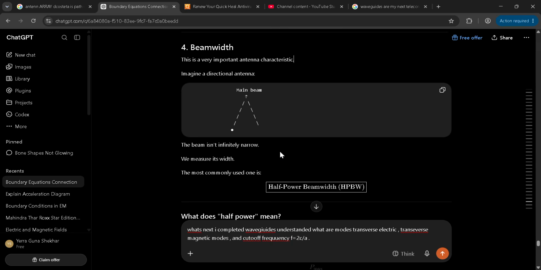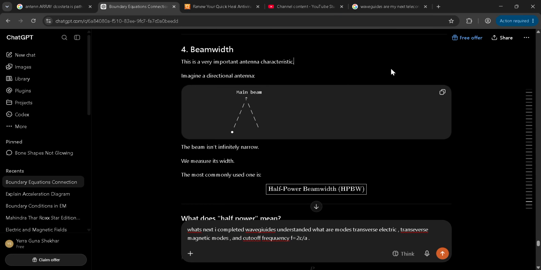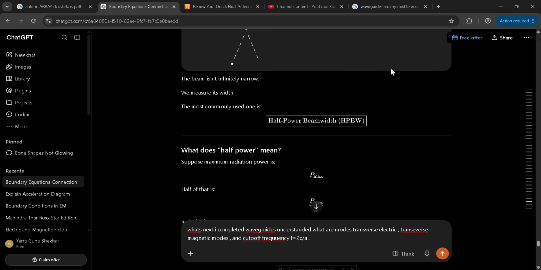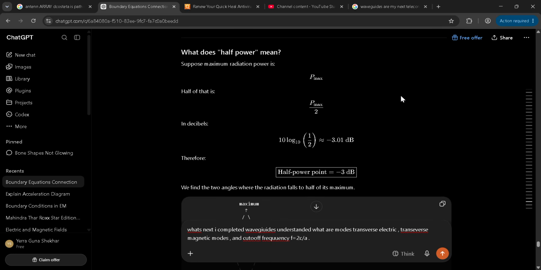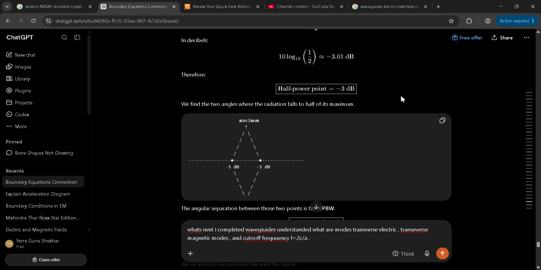What does half-power mean? Suppose maximum radiation power is P max, half of that is P max by 2. In decibels, 10 log 10 of 1 by 2, approximately equals minus 3 dB. Therefore, the half-power point equals minus 3 dB. We find the two angles where the radiation falls to half of its maximum.